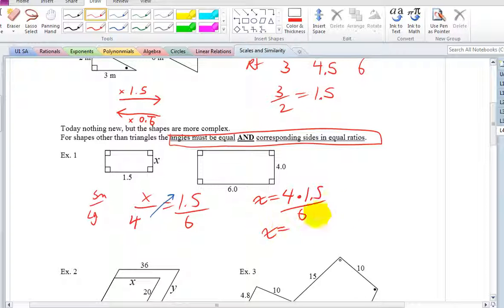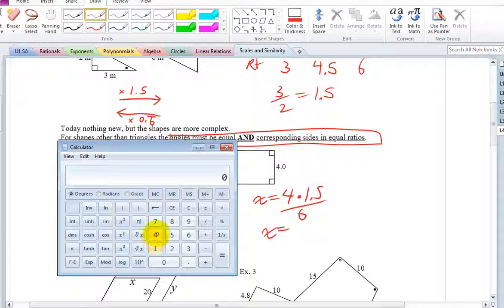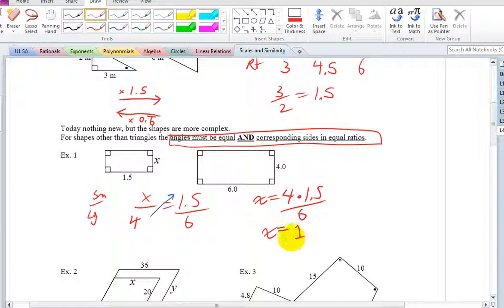Okay, and so then we go to our calculator. 4 times 1.5 divided by 6 equals 1. So x equals 1. Okay, so we didn't have to totally cross multiply. We could just do the simple solving skills.